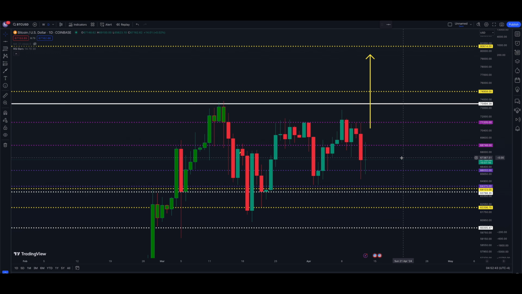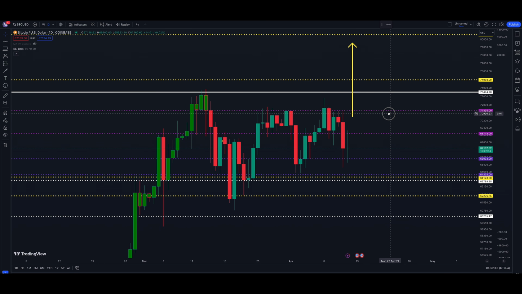But we just want to keep all scenarios in mind of what's possible. But like I said, the last time we saw a day like this on the 2nd of April, we just rallied right out of the gates and recovered. We did start to break out on the 8th, but quickly rolled over.